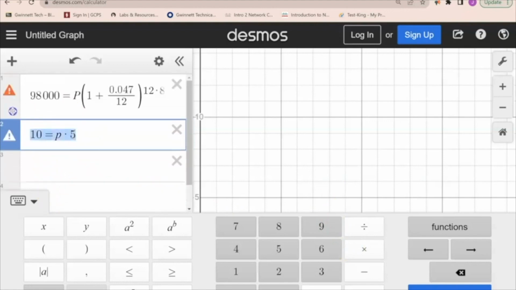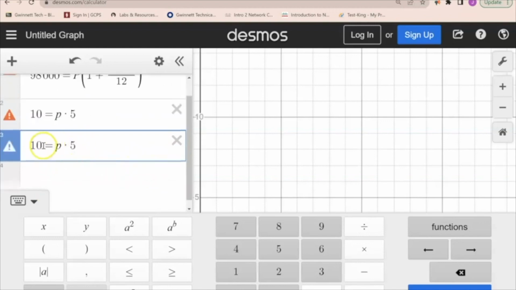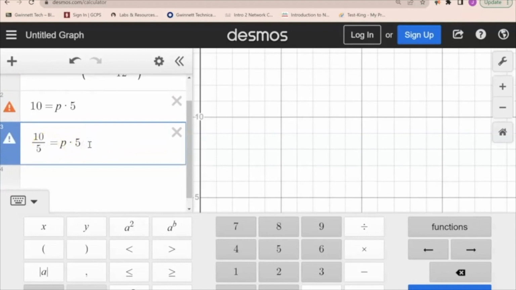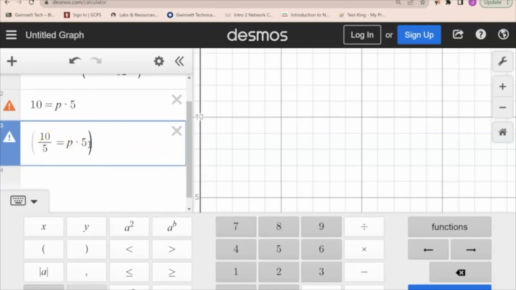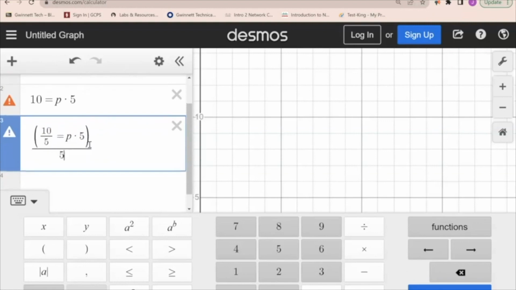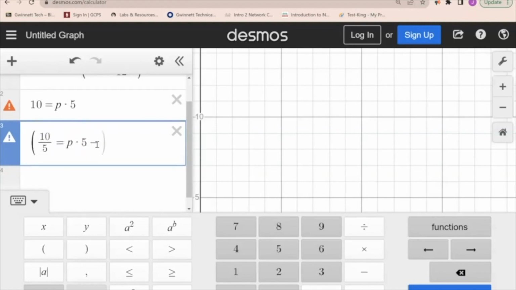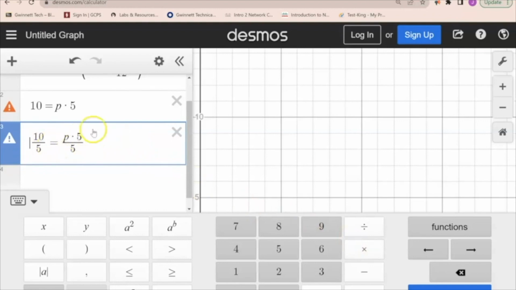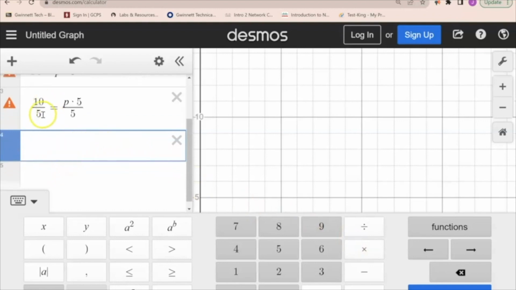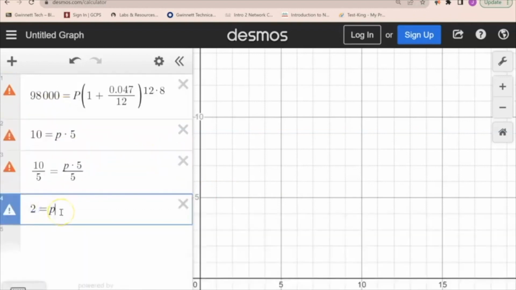So you would say this side divided by 5, and this side divided by 5. Because these two 5s will cross out, leaving just 10 divided by 5, which would be 2, which is equal to P. So P would be equal to 2. And what you would have done is just divided both sides by 5 to isolate P.